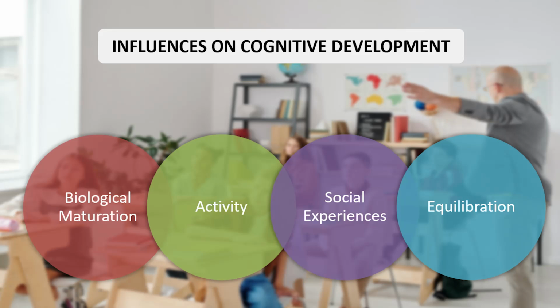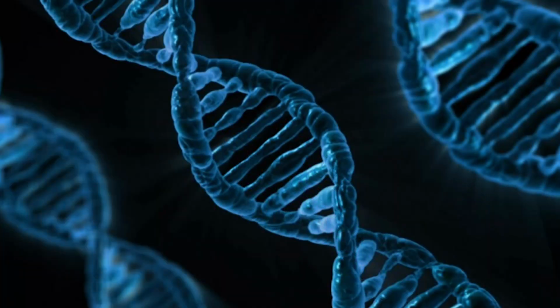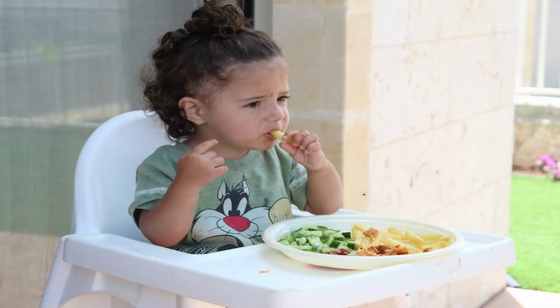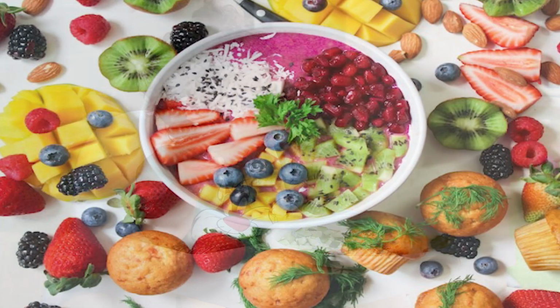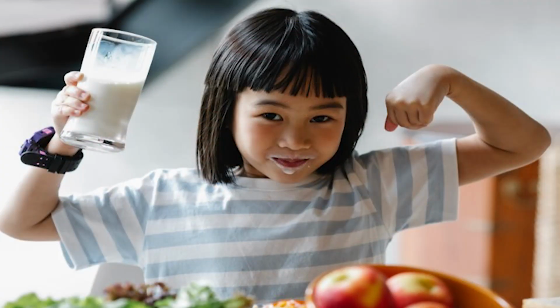Let me first focus on the first factor, that is biological maturation. Biological maturation, as you would all know, is already fixed, because we all derive genes from our parents. So our genetic makeup is already fixed. But as a teacher, you can ensure that the child takes proper nutrition so that this biological makeup which is already given can remain healthier forever.